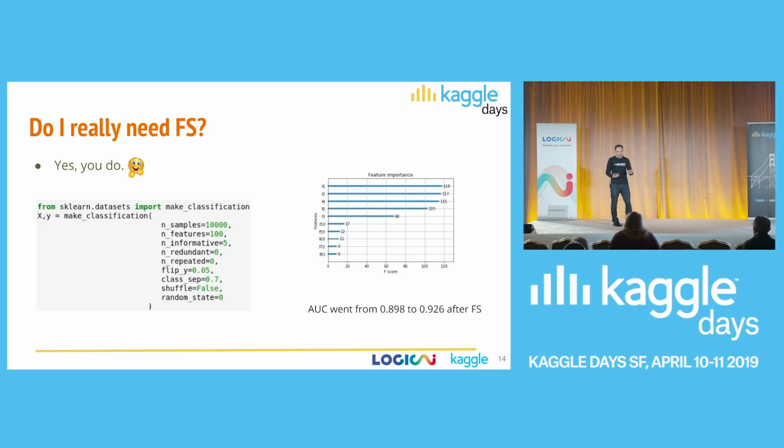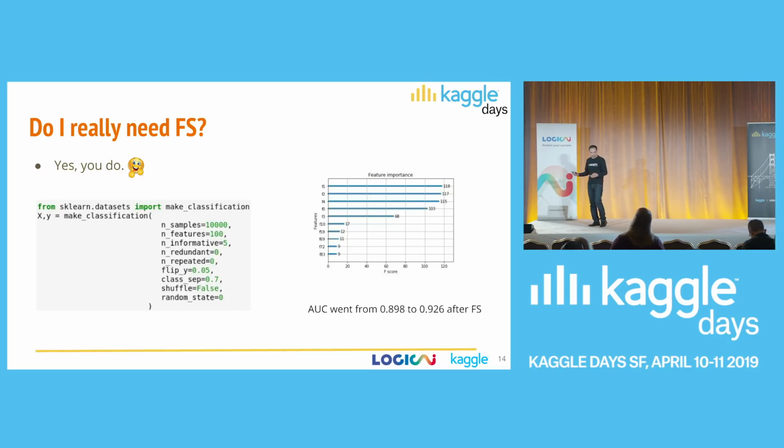And of course, this is just a toy example. But in real life, it's not that easy to know which of those features really matter and which of them are pure noise, and just happen to be useful at that particular split. You can also get a lot of performance benefits.